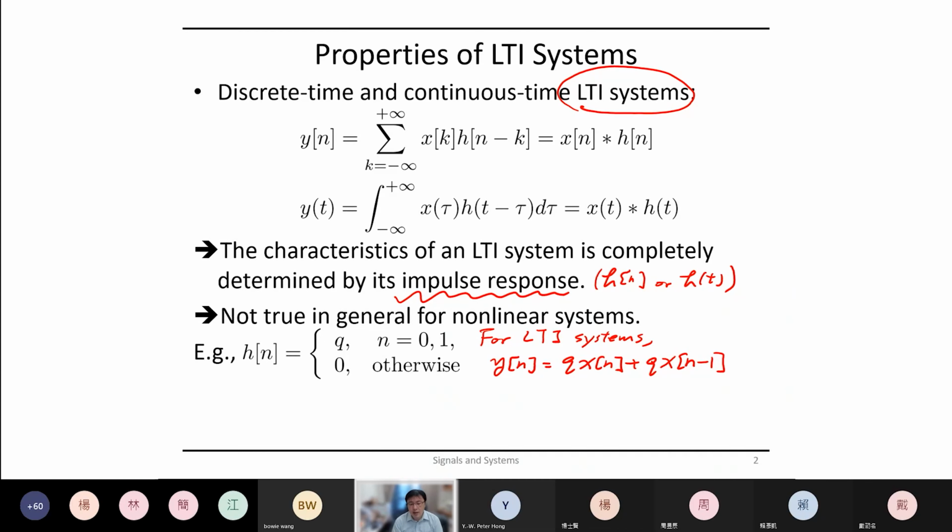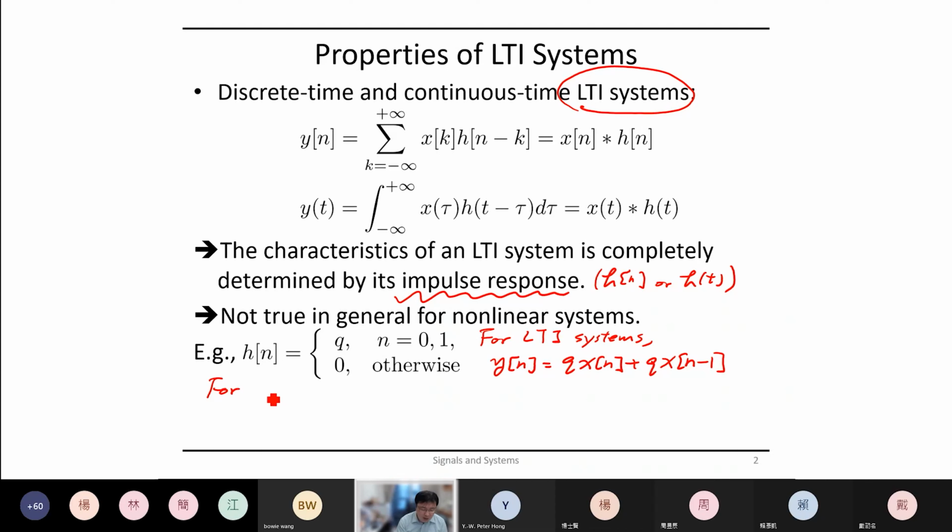So for LTI systems, knowing the impulse response, the response to an impulse at time 0, you will be able to completely characterize the input-output relation. But this is not true for nonlinear systems.